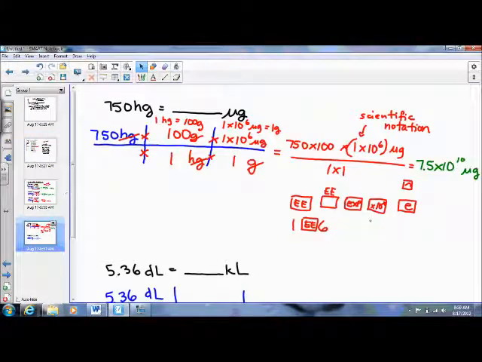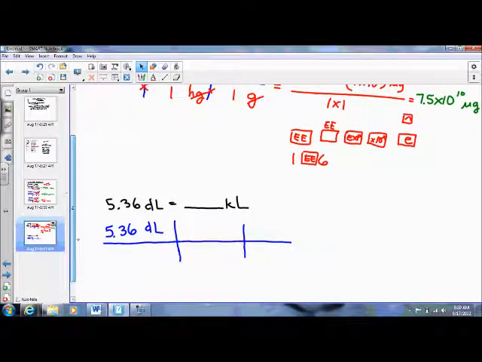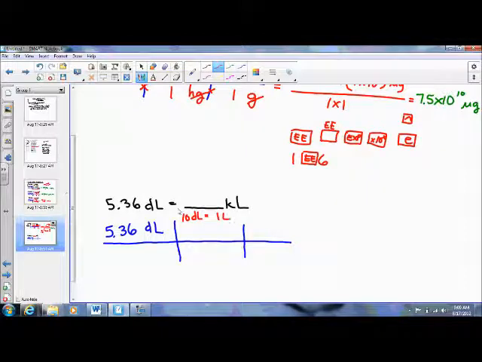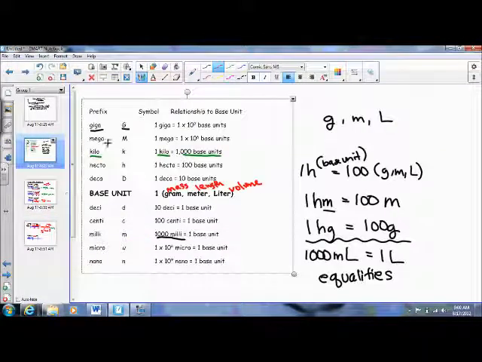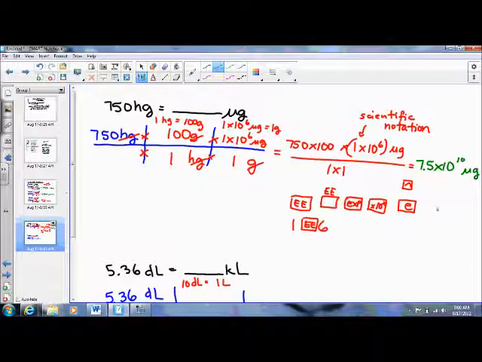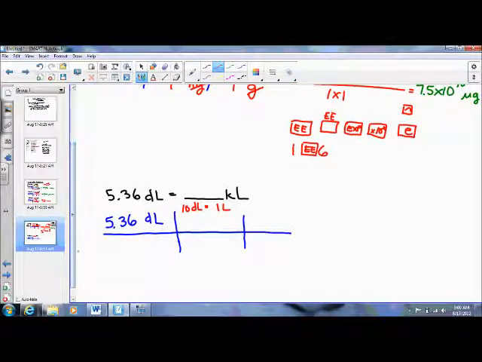Let's write that very quickly. 10 deci, 1 liter. Kilo: 1 kilo, 1,000 liter. Okay, deciliter here, 10 deciliter, 1 liter.